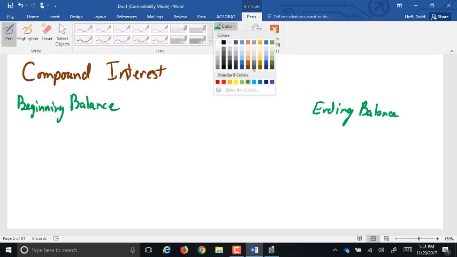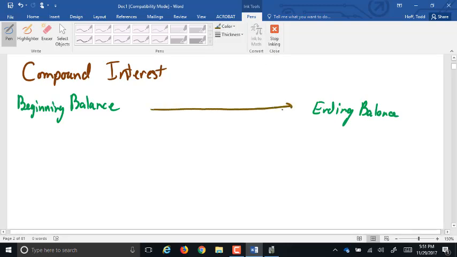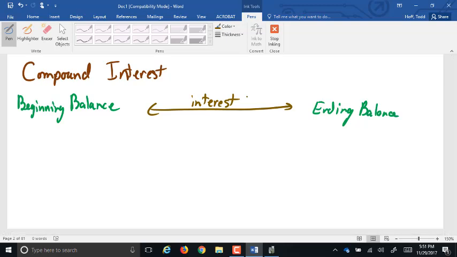And the only thing that happens in between is interest. There are no payments made in between. If there are payments made in between, you have to do a complete calculation. You basically end the note, make the payment, adjust the balance, then do it again. Just like we did with the US rule for simple interest.